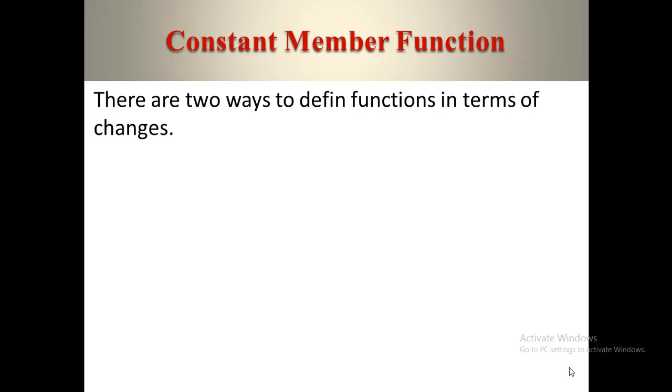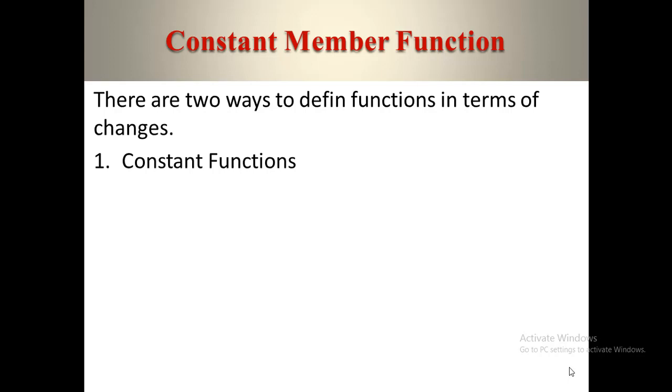There are two ways to define functions in terms of changes. Means a function can change the value of object, or it cannot change the value of object. Let's see how many types. There are two types as constant functions.